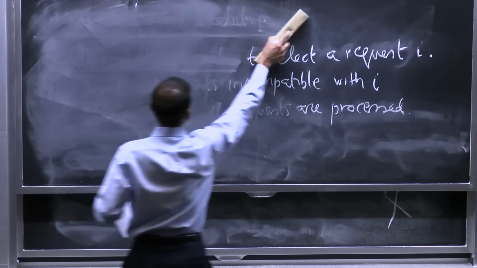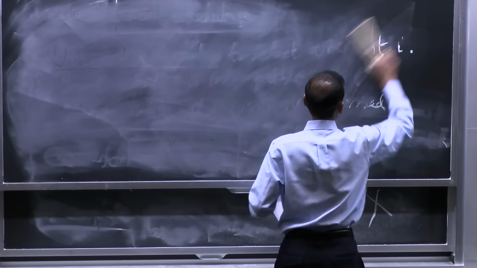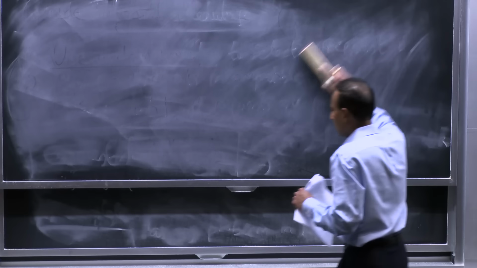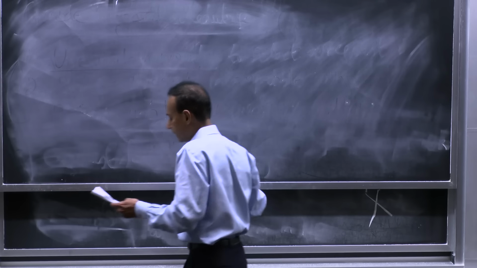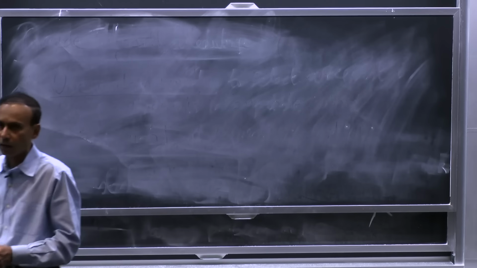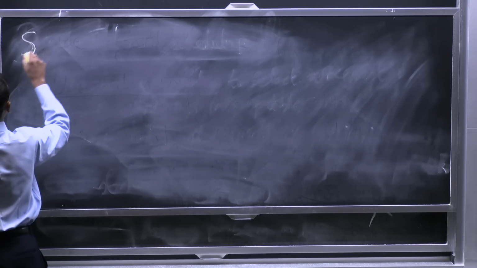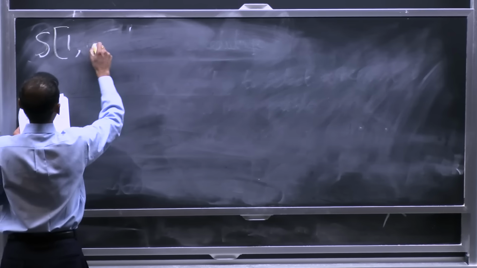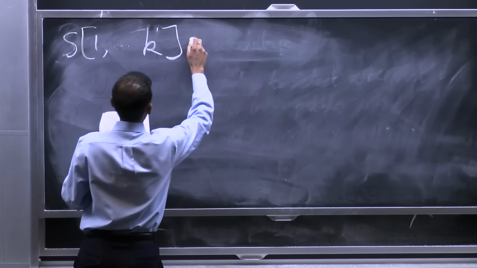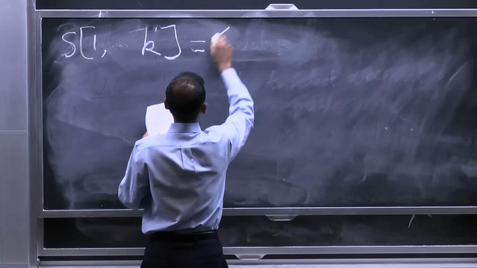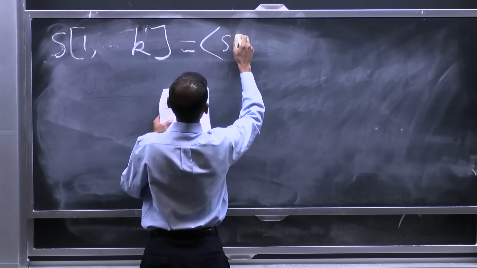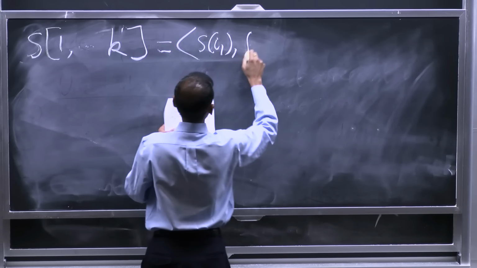And so that's the hard part. We can assume the inductive hypothesis, and we'll have to do that, but there's a couple of steps in between. Right, so let's say that what we have is S1 through K is what the greedy algorithm produces with the earliest finish time. So I'm going to write that down.